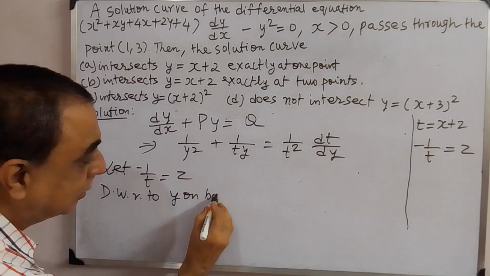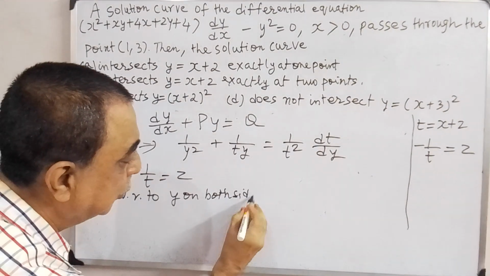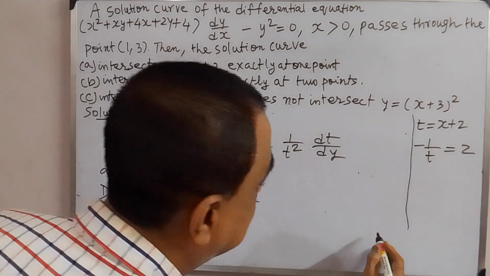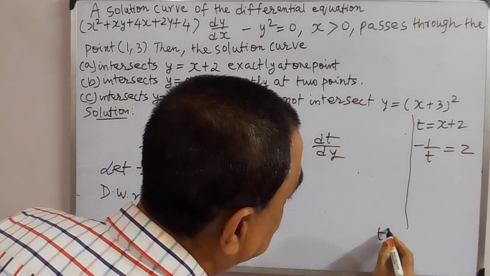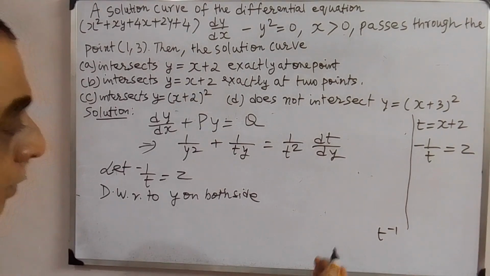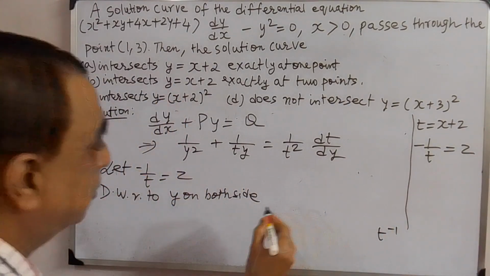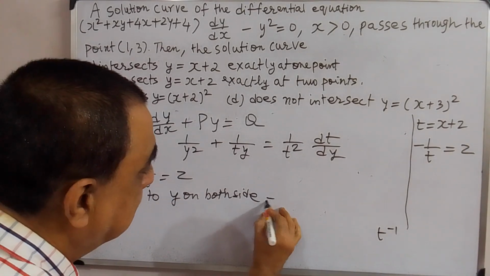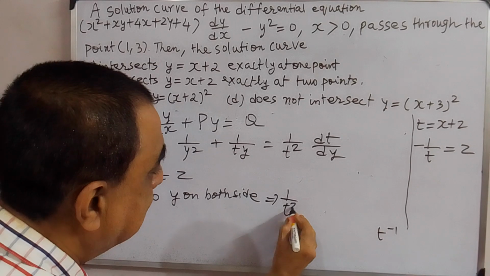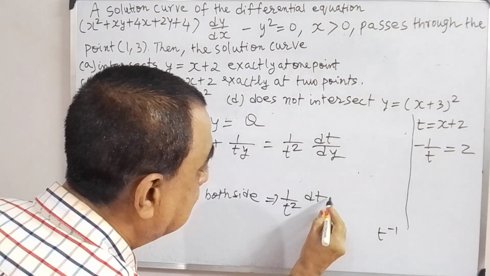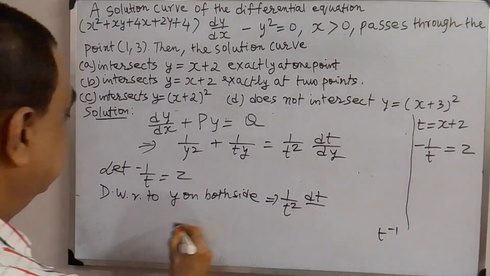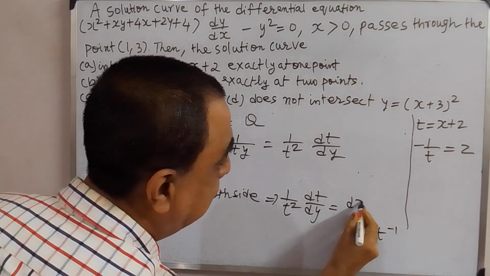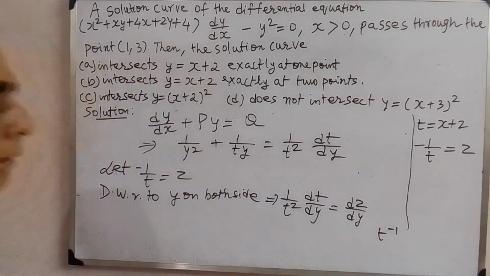Here 1 by t is t to the power minus 1, so minus 1 comes down, and minus into minus becomes plus. This becomes 1 by t squared dt by dy, equal to dz by dy.